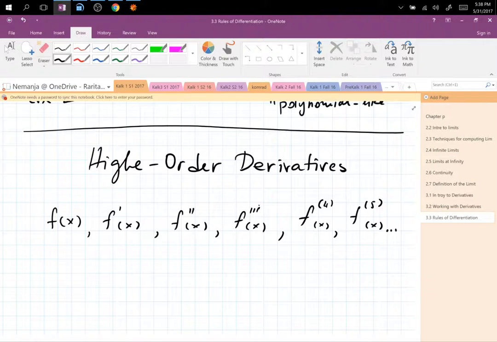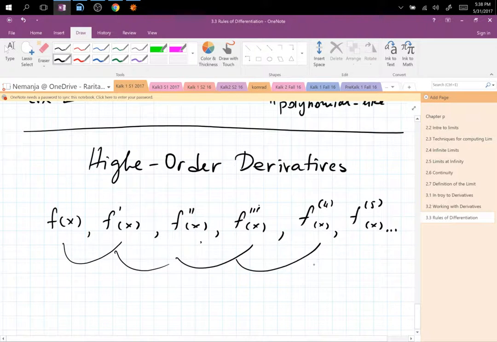So higher order derivative, and what you do is you just take the derivative. So you take the first derivative, and then you take the first derivative, and the first derivative. So from any step, no matter where you are, to get to the next step, you will take one more derivative.